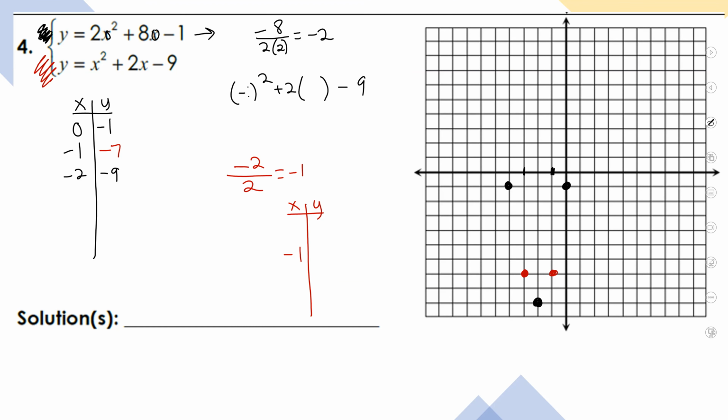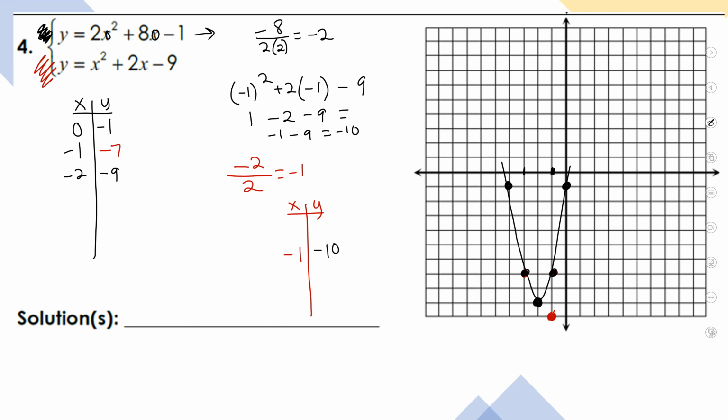We're plugging in negative 1. Negative 1 squared is 1, minus 2 minus 9. This will be negative 10. So that is my vertex, negative 1, negative 10. This was the first graph, and now I'm going to do red for the second one. So my vertex is negative 1, negative 10 right here.